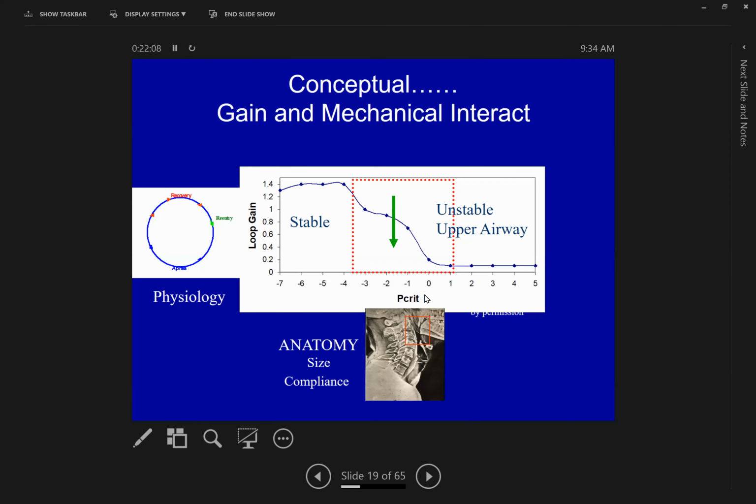How is loop gain measured? Like these units up the side, is that a time measurement? Well, it's an arbitrary unit, and it is a tendency to return to a set point. I had sent a PDF file on central apneas that went through it in some detail. What it really says is the proportion of your response to the initial disturbance.